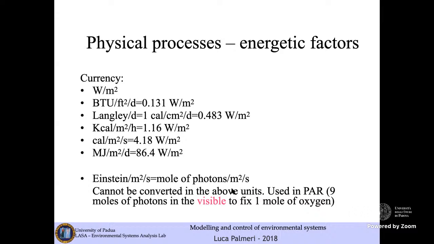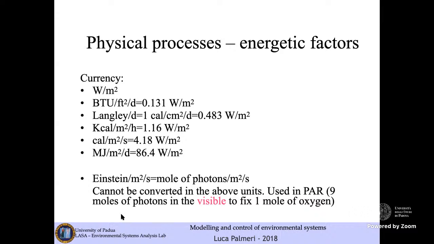That is, we may say that 9 moles of photons in the visible are necessary to fix 1 mole of oxygen. So in terms of photosynthetic activity, we measure the quantity of solar energy in moles of photons in the visible spectra to fix 1 mole of oxygen. So the effect of photosynthesis is oxygen fixation.